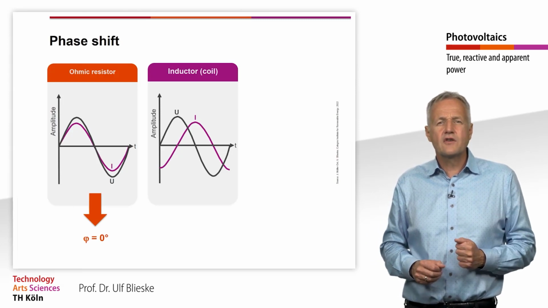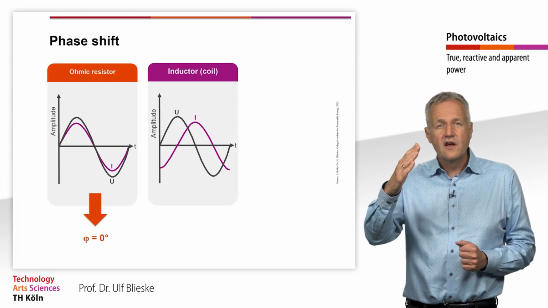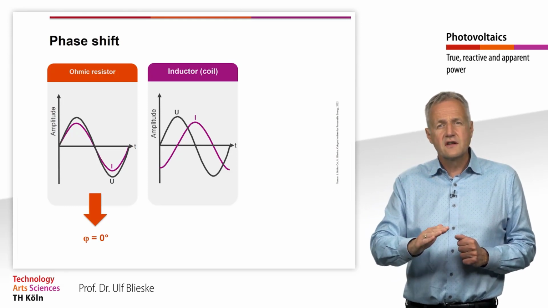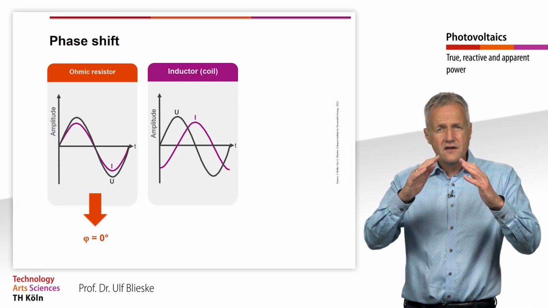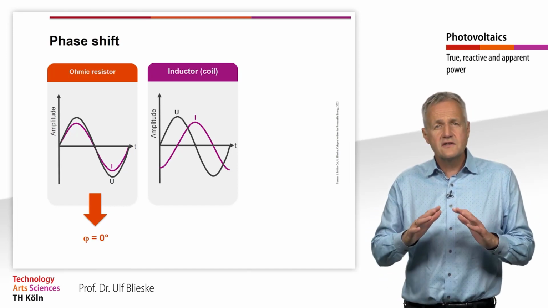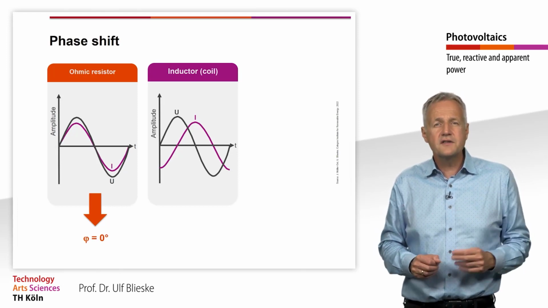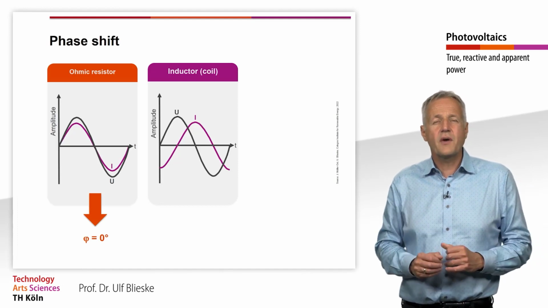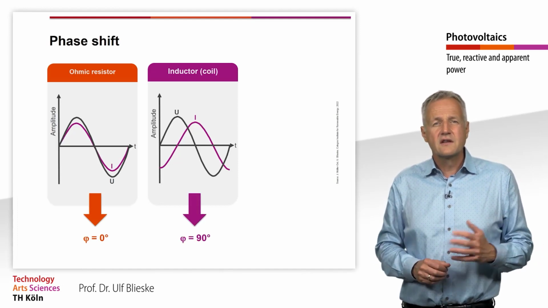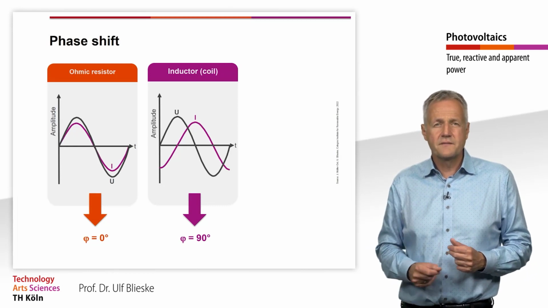This magnetic field causes an induction voltage, which is greatest when the current change is maximum. At the peaks, the current change is 0, so no voltage is measured here. As a result, the voltage precedes the current by a quarter period. The phase shift is plus 90 degrees.